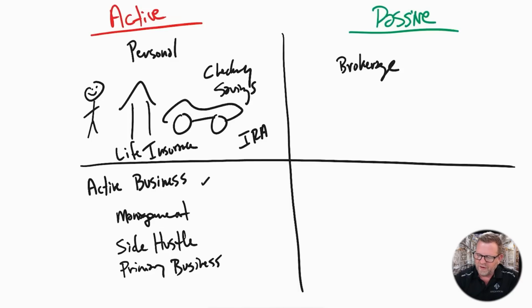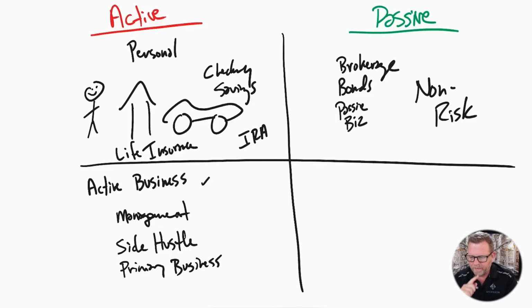So you might have brokerage, your bonds, an interest in a passive business that you're not working in, maybe your syndications, things like that. They can go over here on that passive side.